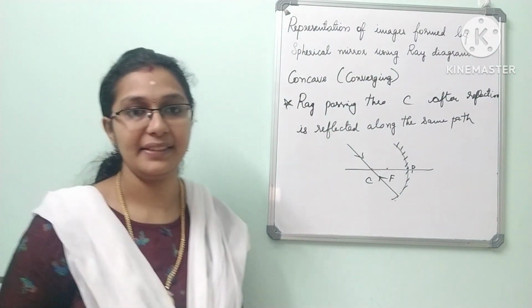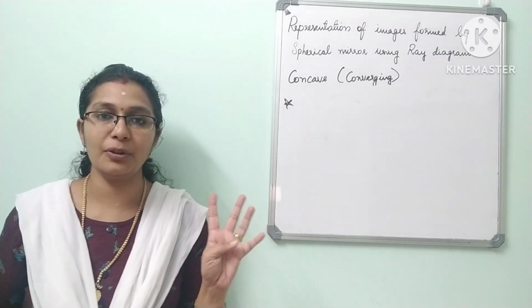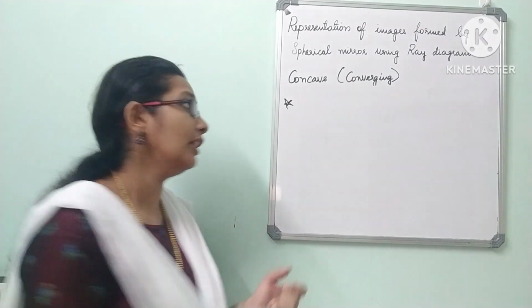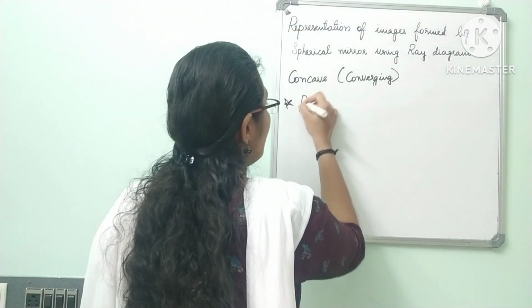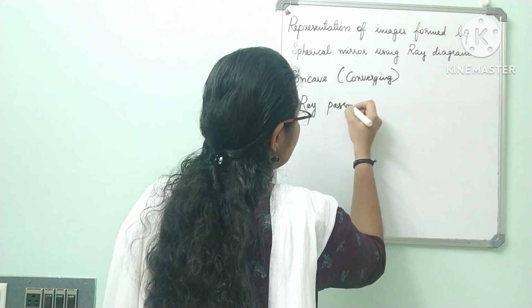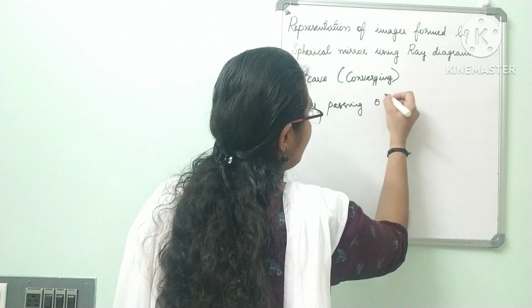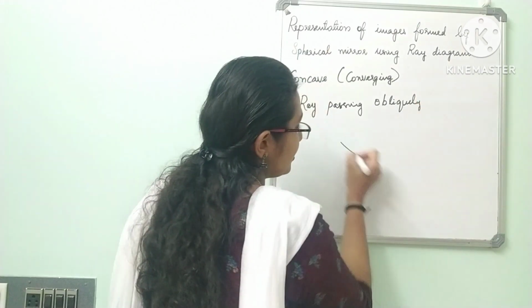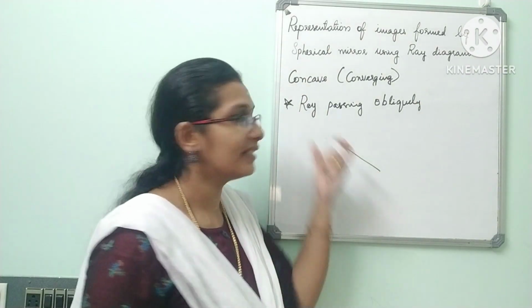Clear? Yes. Now we will go with the fourth rule, the last rule. This rule is very easy. We have already learnt it. A ray passing obliquely. Obliquely means, I'll show you, in this way, sideways, a slanting way.